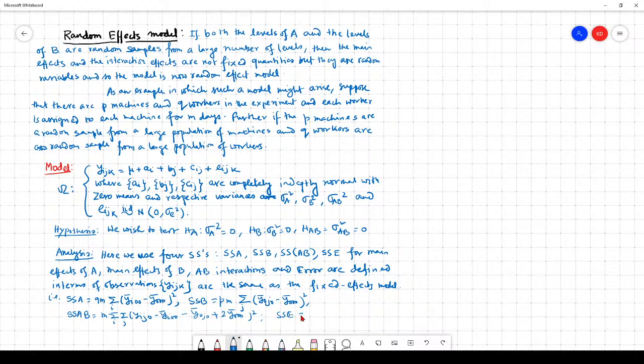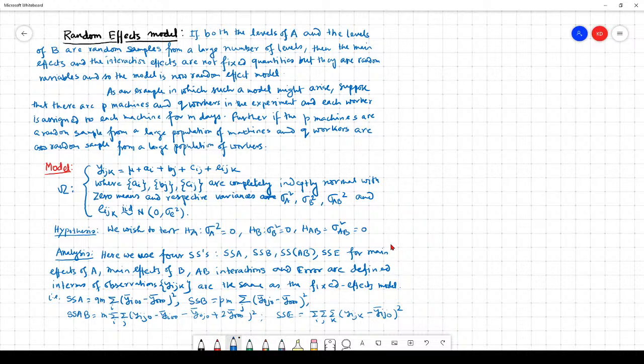SSE, the sum of squares due to error, is the sum over ijk of (yijk minus yij naught bar) whole square.